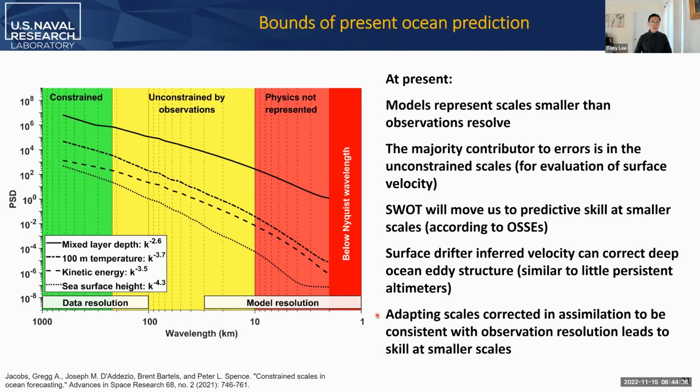So I suppose it's the same in your group at NRL? I don't think it's the same because the vertical projection of that velocity into the temperature and salinity structure is something newer. Okay. Got it. Thank you.